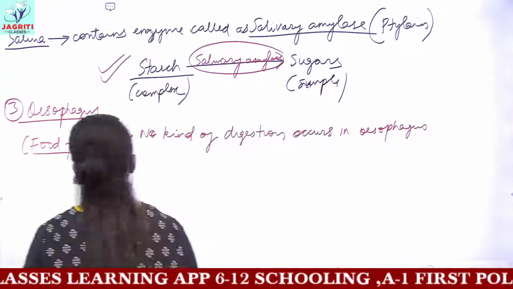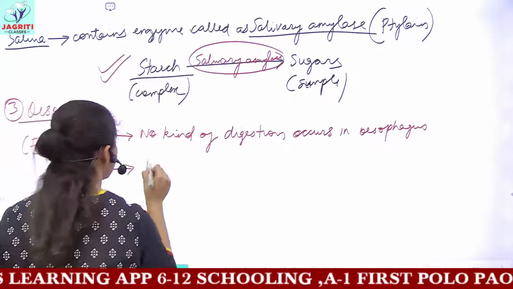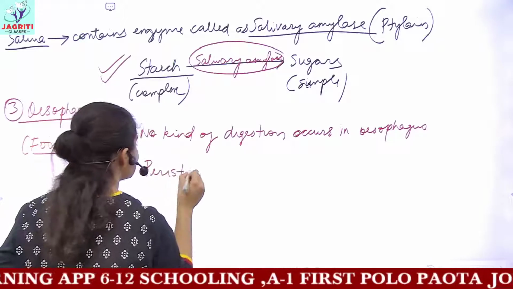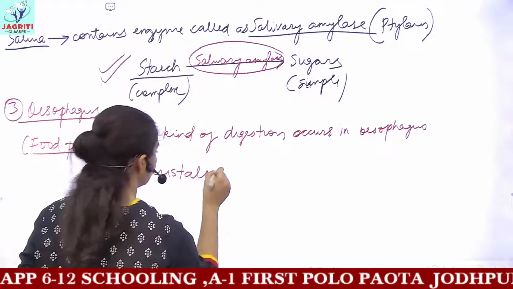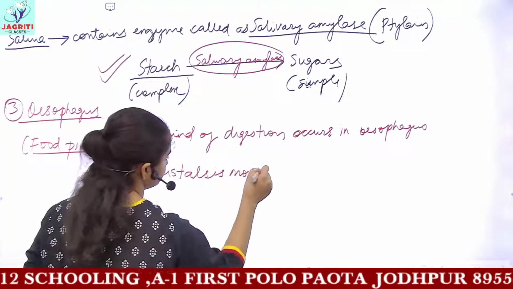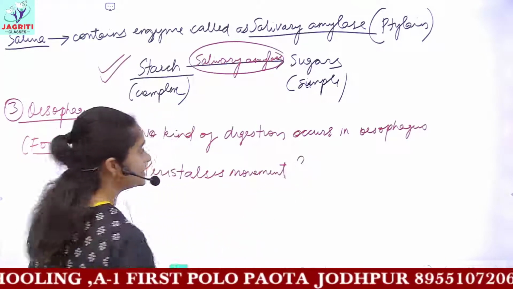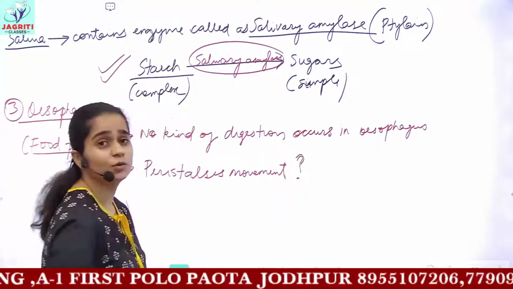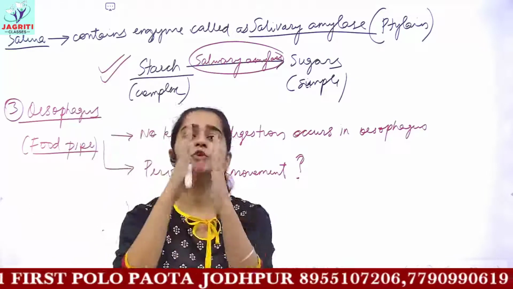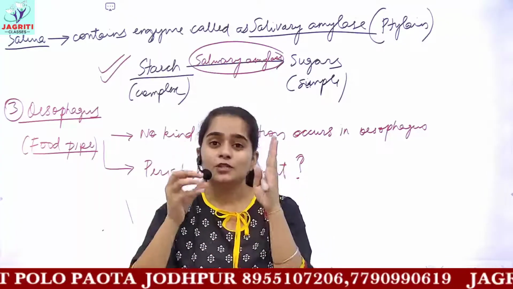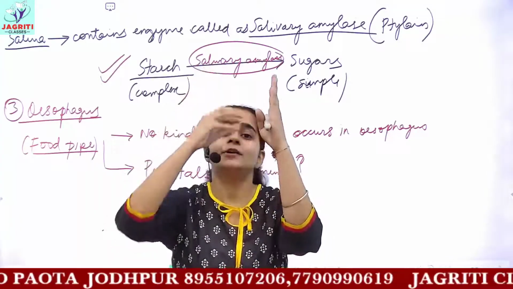The important thing related to esophagus is the peristalsis movement. What is this peristalsis movement? The esophagus is a muscular tube-like structure that transports food from the upper part to the lower part.